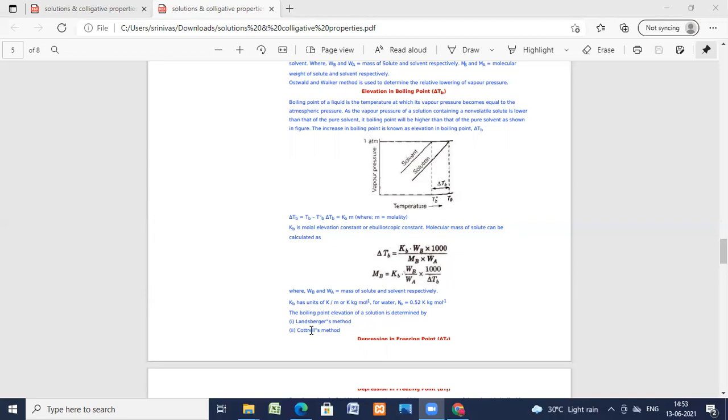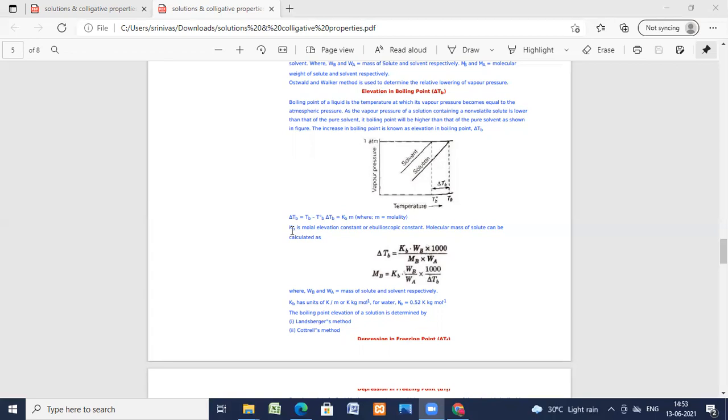We have defined the boiling point, and the elevation of boiling temperature also. Using that, I have calculated the molecular weight. How will you define the molar elevation constant, Kb? The molar elevation constant is defined as the elevation in boiling point produced by dissolving 1 mole of any solute in 1 kg of solvent.